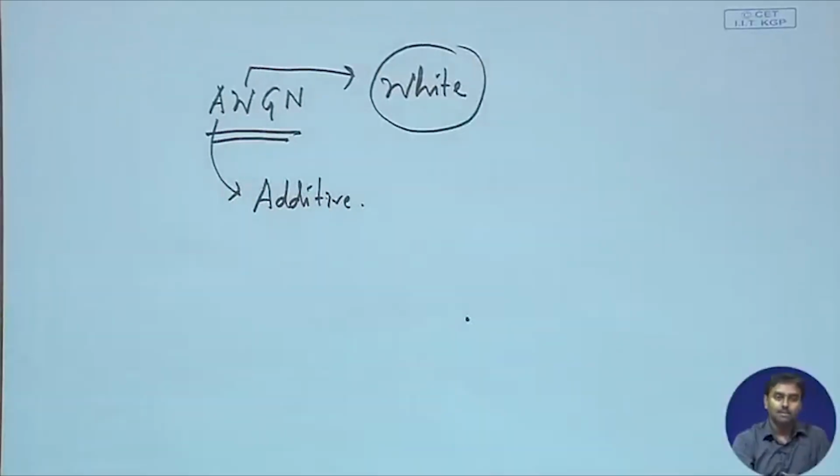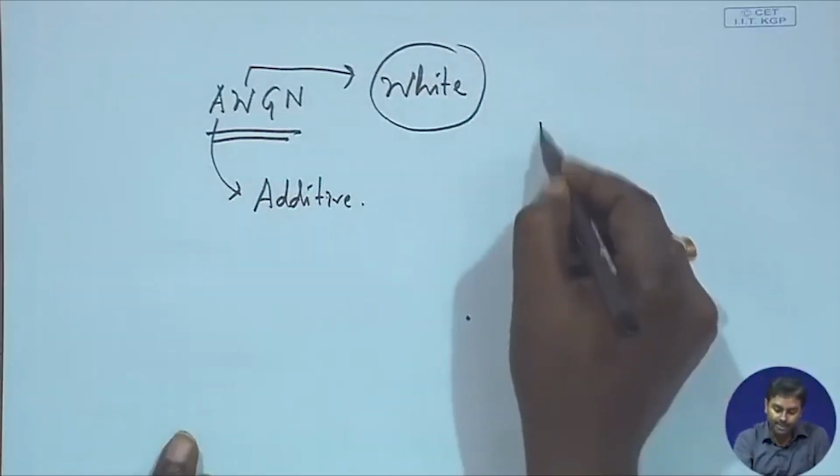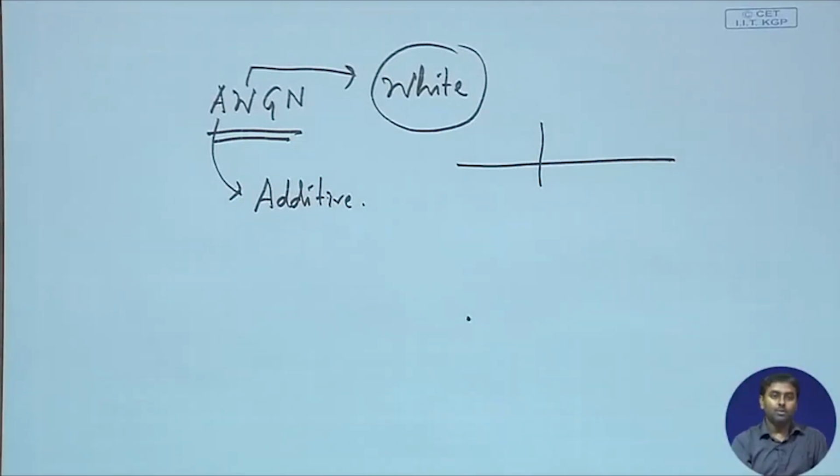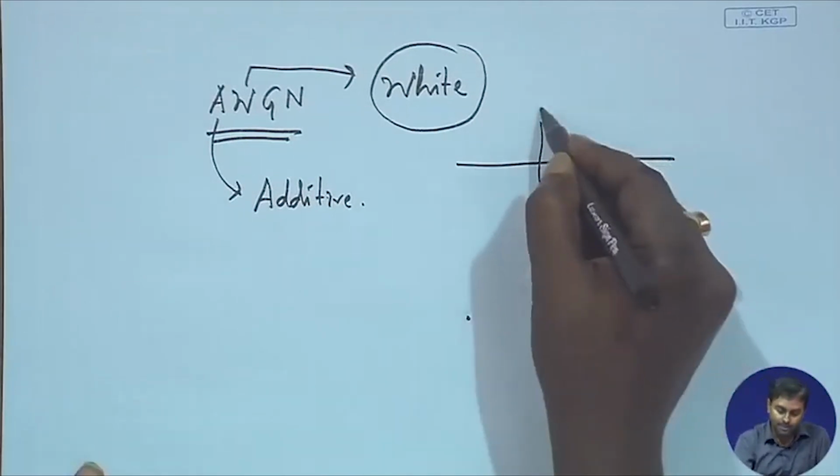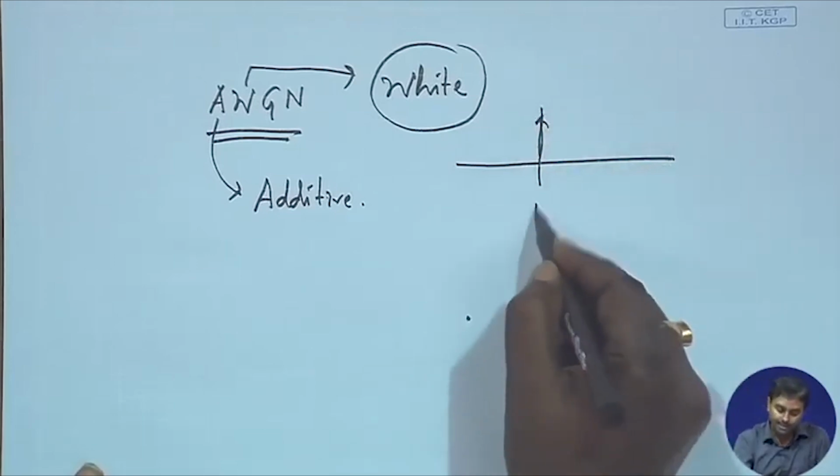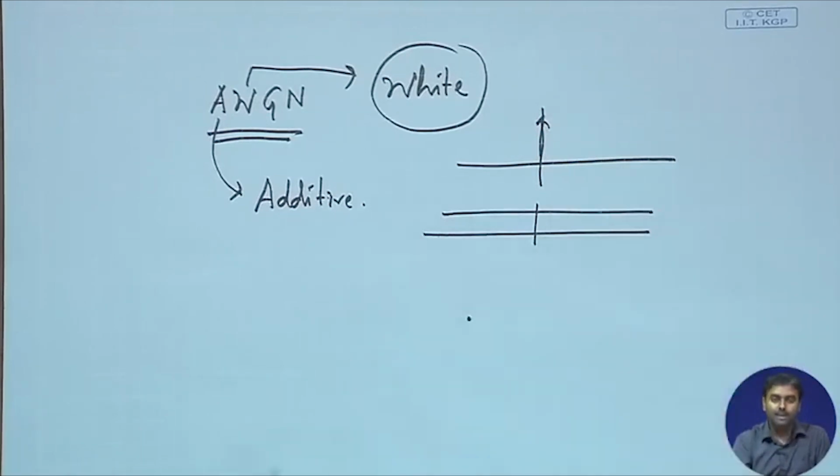Then the next term is called white. So, the noise that we have characterized, which is probably the most random noise that we know, has an autocorrelation function of an impulse and a corresponding spectral density which is flat. This is what characterizes it to be white.